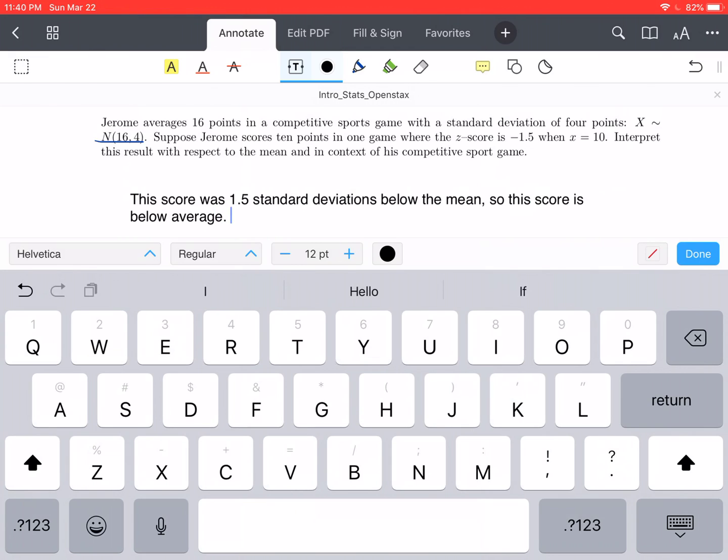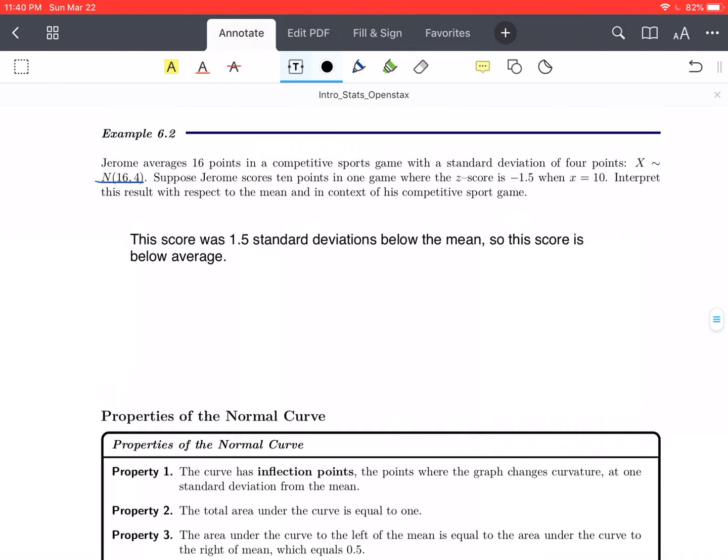Okay, and if we look at how significantly below average this is, it's fairly below average, right? So 1.5 standard deviations. If it's within 1 standard deviation, we'd say, well, that's pretty close. That's fairly expected. But with a value that's greater than 1 and getting even closer to 2, we can say that this is, I would say, somewhat significant in terms of how low this score is compared to the mean.